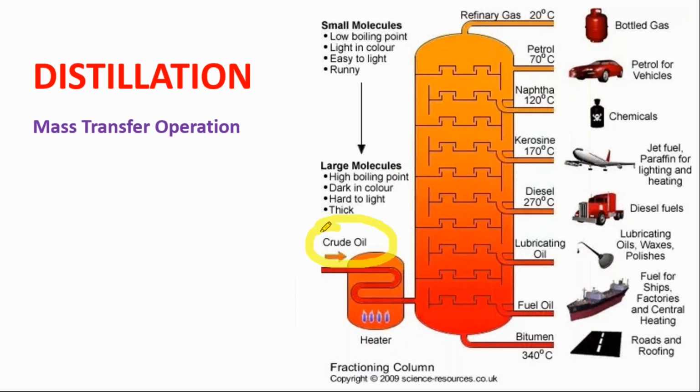So from the crude oil, with the help of thermal energy and this distillation column at various temperatures, these products can be manufactured. So now that you understand what some of the products from the distillation column are, and what the daily products are, we will discuss what exactly the distillation process is.